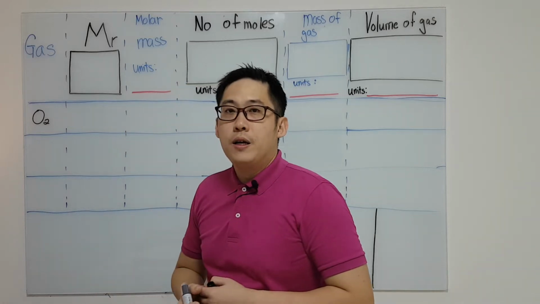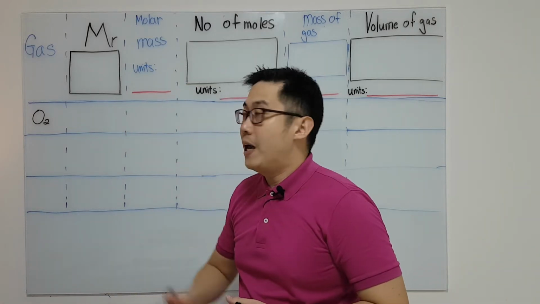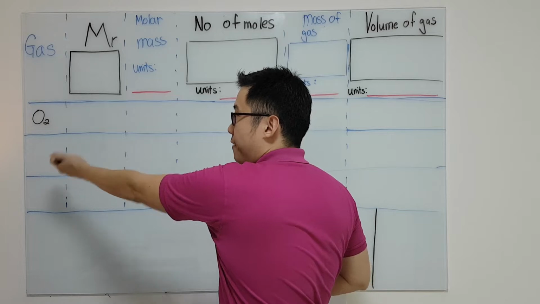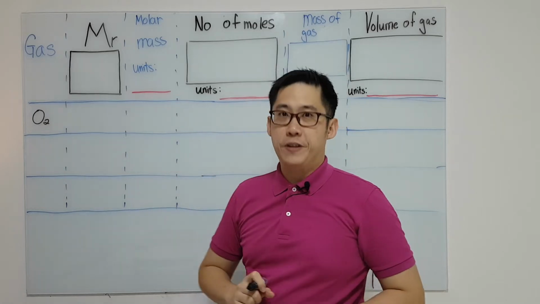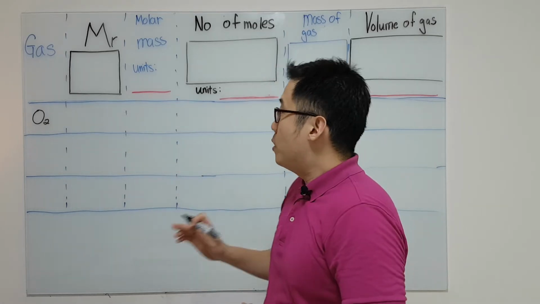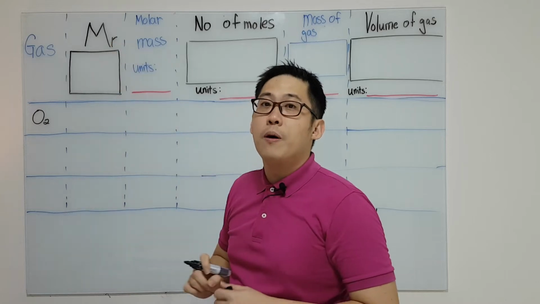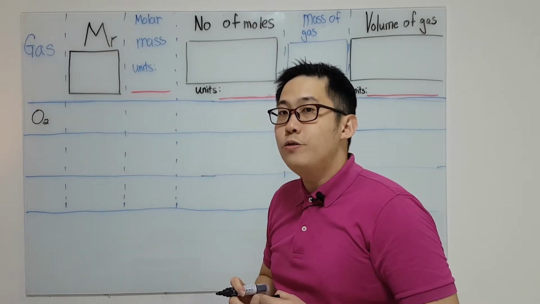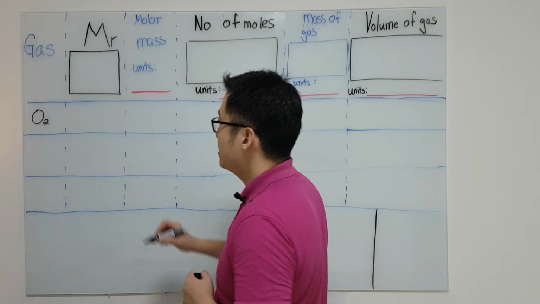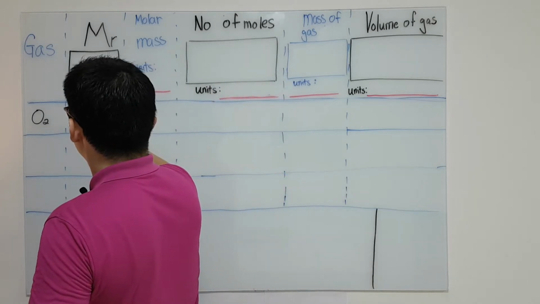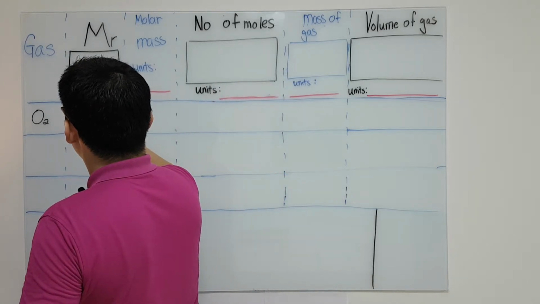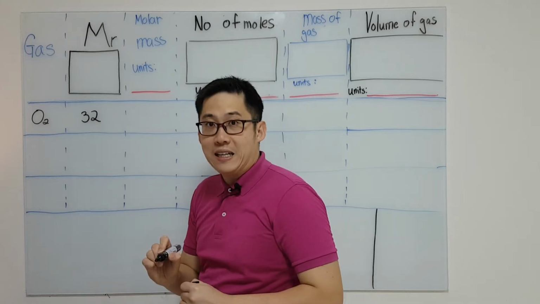Now, let us recap what you have learned as you go from left to right of this table. We know that the relative molecular mass of an O2 gas is actually 32. But how do we get this?